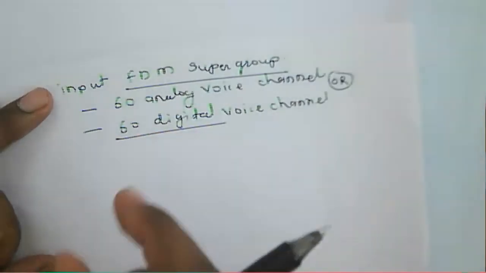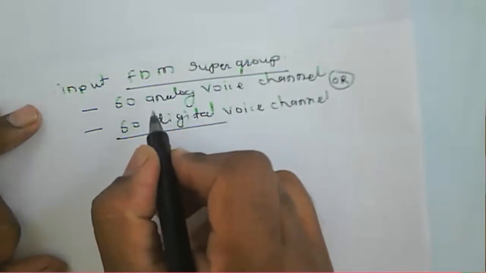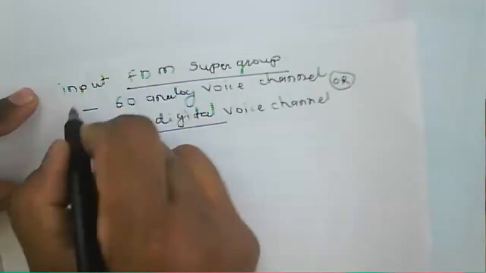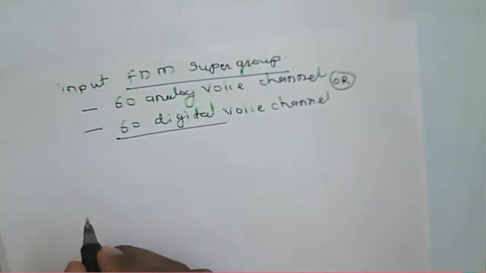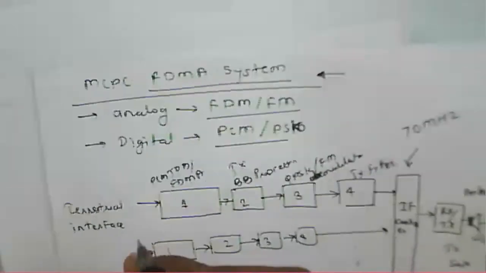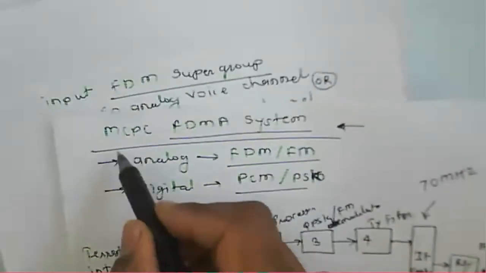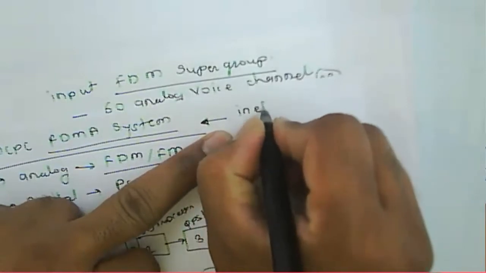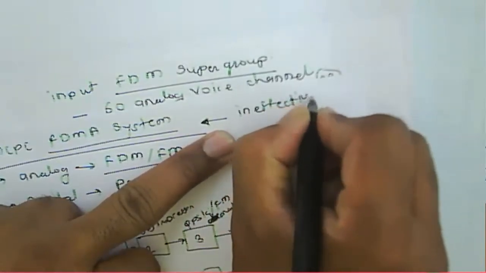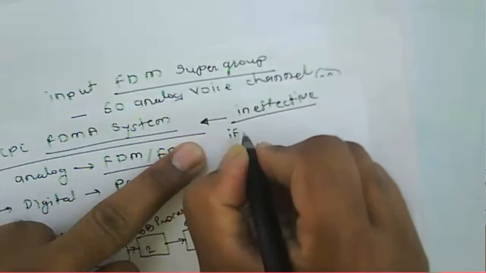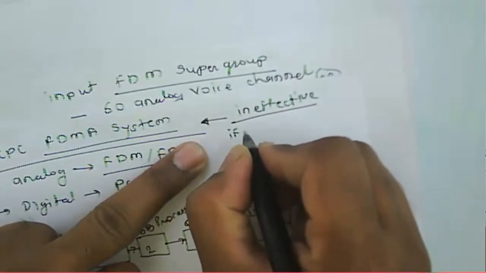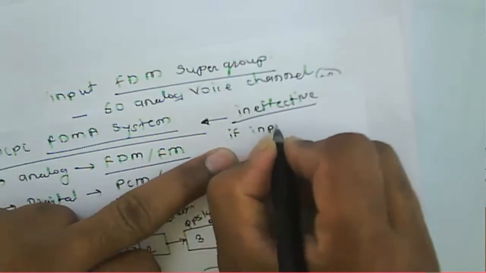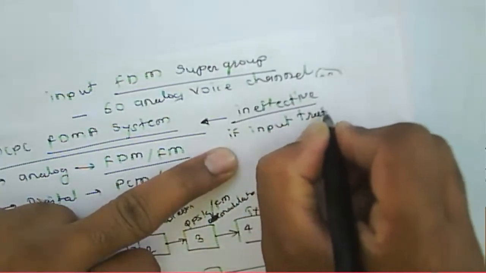So that's why the MCPC FDMA system is not effective when the input traffic is low. What we are saying is about this MCPC FDMA system: it is ineffective when the input traffic is low.